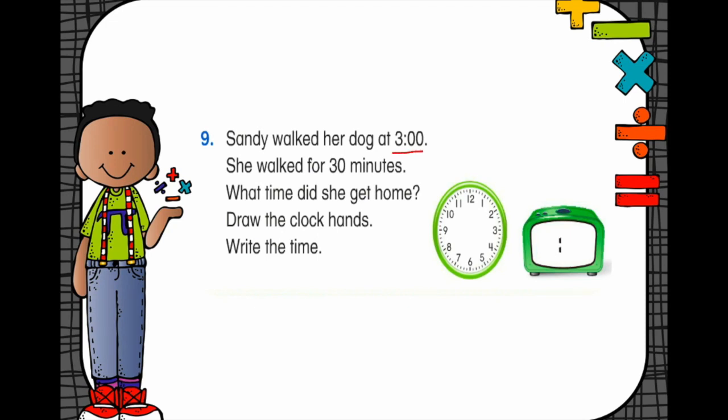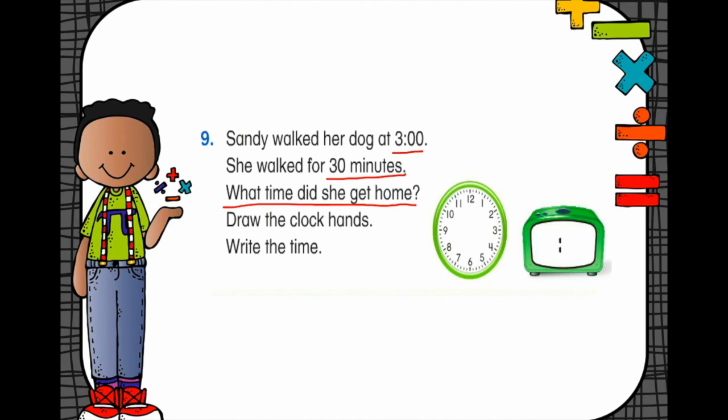If you think about 3 o'clock, on an analog clock, that would mean my minute hand is pointing to the 12. However, it says that she walked her dog for 30 minutes. That means I'm not going to end at 3 o'clock. I need to go 30 minutes past or half past 3 o'clock. So my question asks, what time did she get home? Well, half past 3 o'clock would be 3:30.